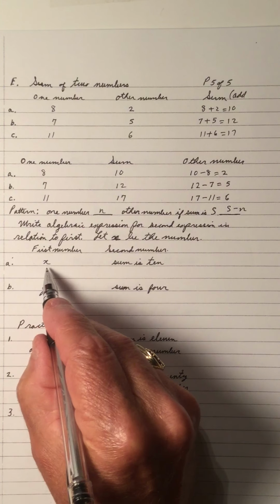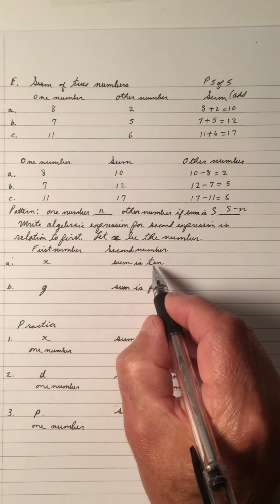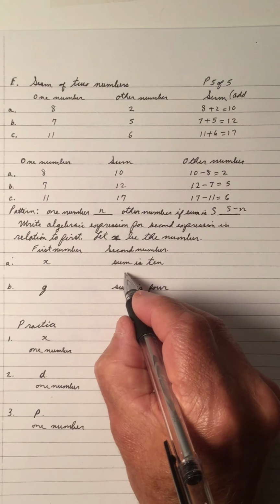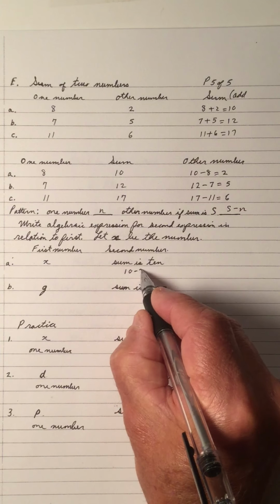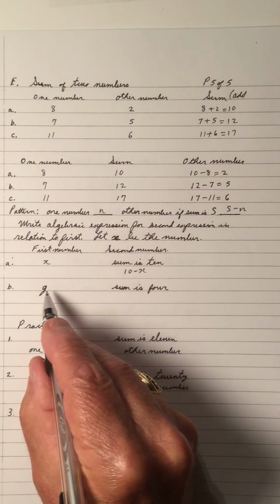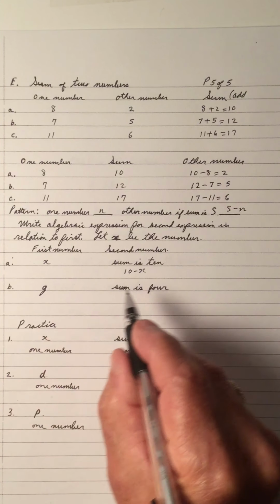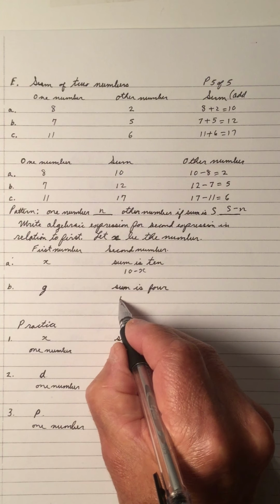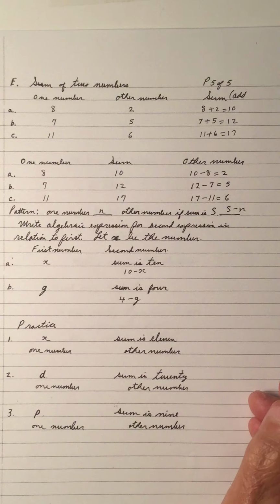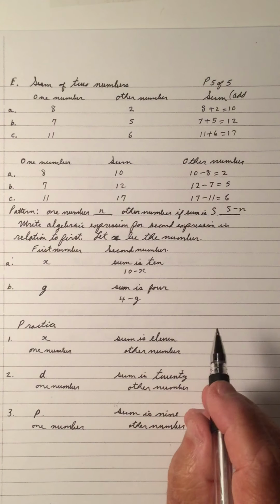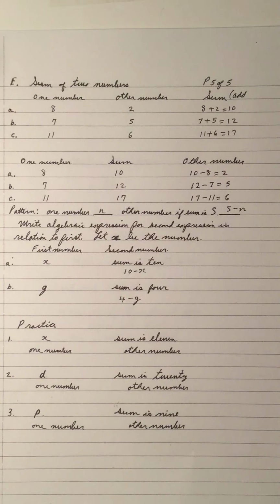If the first number is x and the sum is 10, then the other number must be 10 minus x. And if the first number is g and the sum is 4, then the sum minus g would give me the other number. Again, notice, the sum minus the number will give you the other number that adds up to give you the sum.